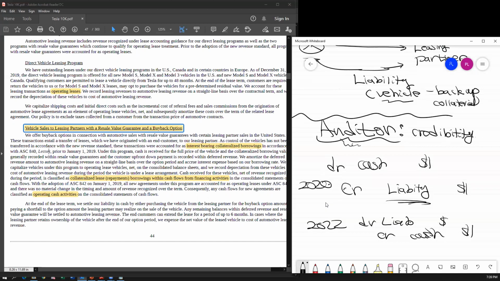Could be. But this 10K is the product of so many professionals, including accounting and law professionals who have good knowledge about the new rules. Based on their discussion, they're saying that if Tesla sells a vehicle to a leasing partner, this is how we're going to treat the transaction.